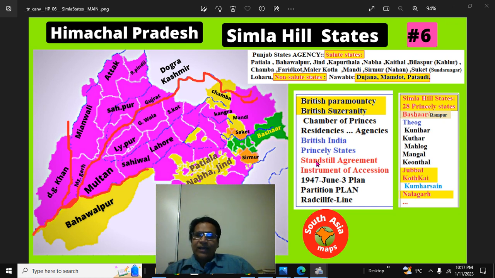After partition, standstill agreement, instrument of accession, 1947 June plan, partition plan, a Radcliffe line, and so on. We will not go into Simla Hill States. We looked at the Bashar here, that the headquarter was later Rampur. Rampur is on Sutlej River.